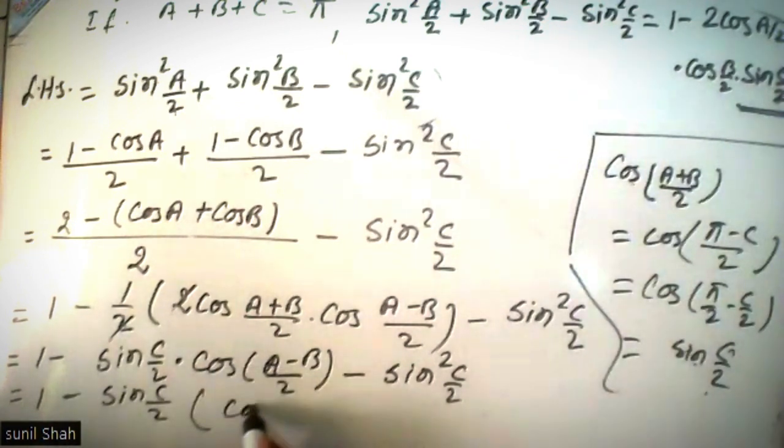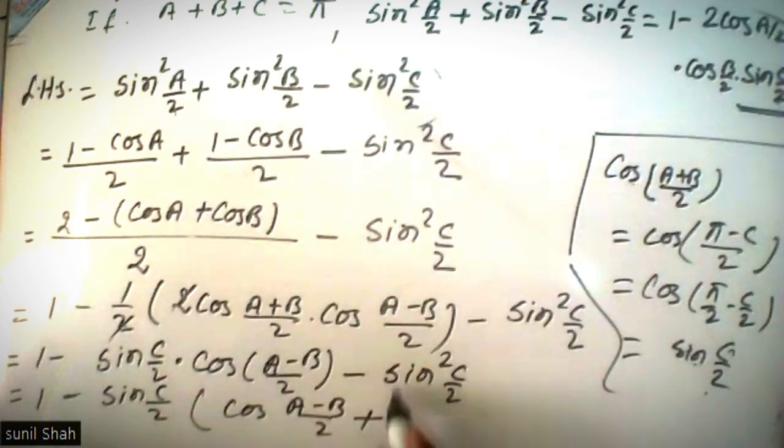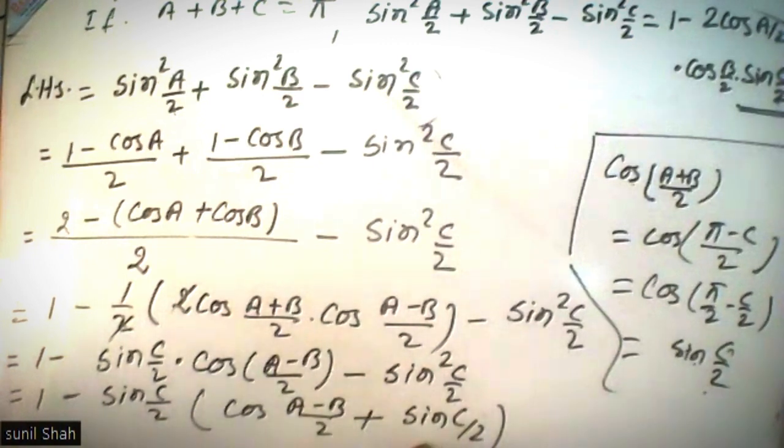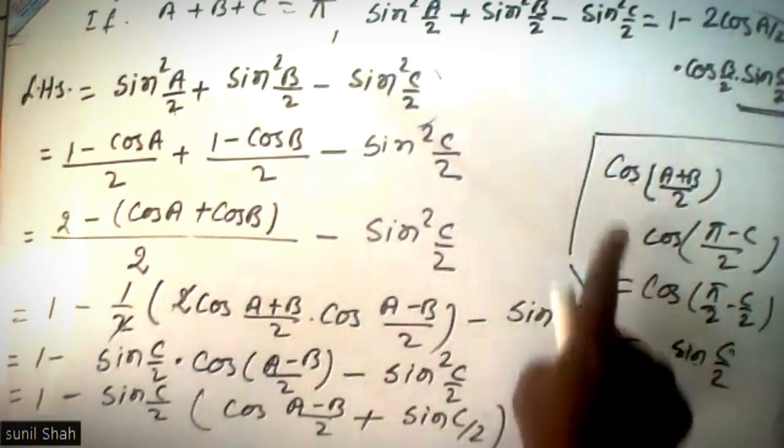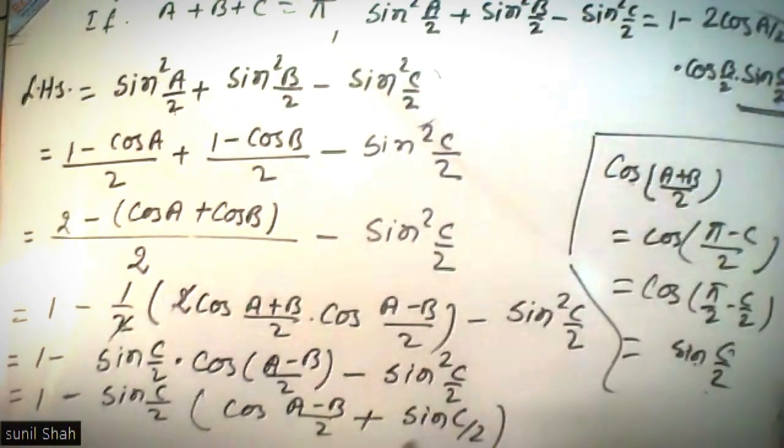So this becomes cos A minus B by 2, minus is taken out, so it becomes plus sine C by 2. There are two sine C by 2, one is taken out, another remains there. Now, what is sine C by 2? Again, sine C by 2 is cos A plus B by 2.